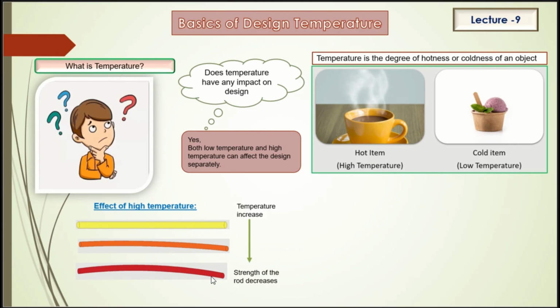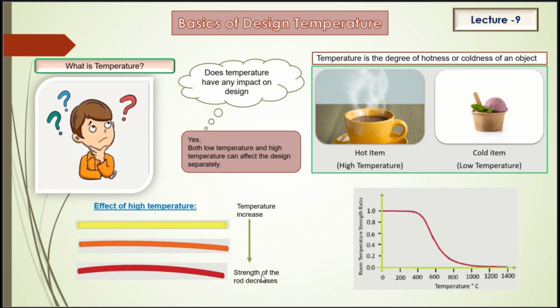So here strength means allowable stress. If strength decreases, the allowable stress of the material decreases, which results in more thickness in the pressure vessel. So to avoid failures in the high temperature region, we need to account for this reduced allowable stress.